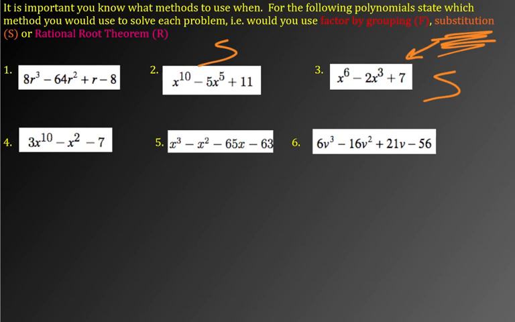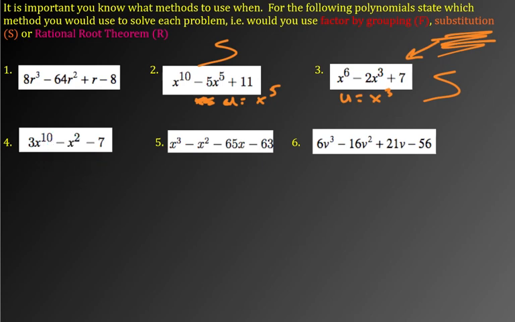So here you would let u equal x cubed, and here you would let u equal x to the 5th. Those two are definitely substitution ones. And then this is not substitution because 10 is not double 2.